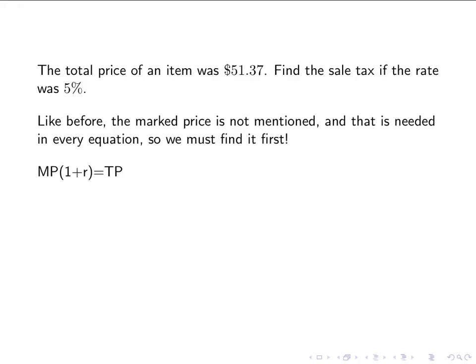We have MP, we're looking for MP, we have R, and we have TP. So we'll plug in what we know. Again, 5% becomes 0.05 as a decimal. Divide both sides by 1.05. To the nearest hundredth, we have the marked price is $48.92.